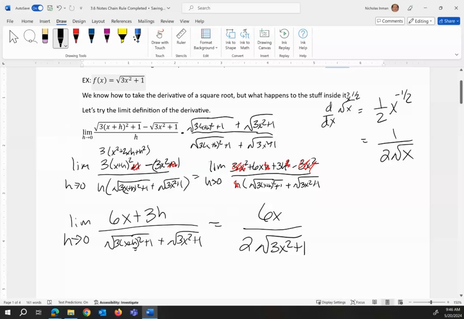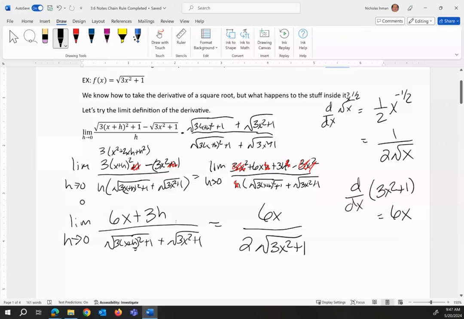Take a look at the thing that's inside. What is the derivative of 3x squared plus 1? That derivative is 2 times 3, that's 6, reduced by a power of 1, and the derivative of that 1 is gone, it's a constant.